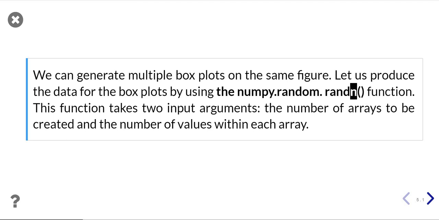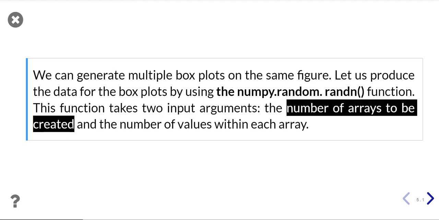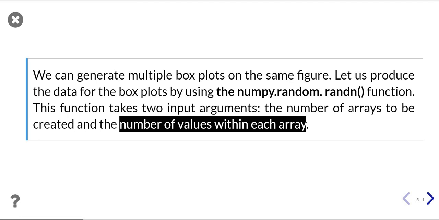The randn function takes two input arguments. The first is the number of arrays to be created, and also the number of values within each array. So you're creating some sort of data frame, right? Columns and also rows.